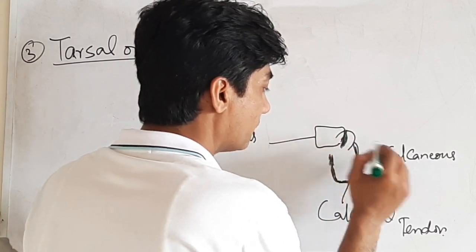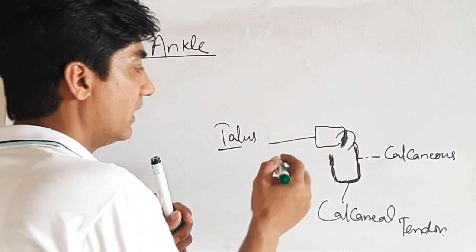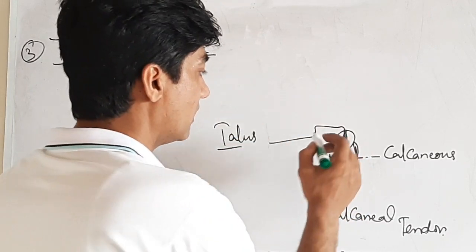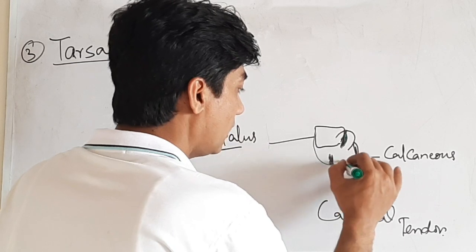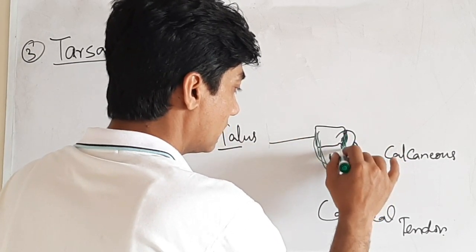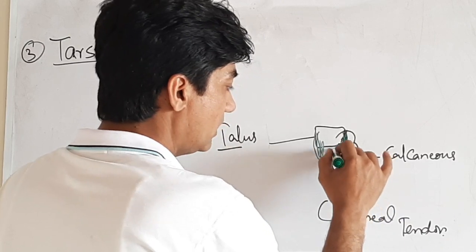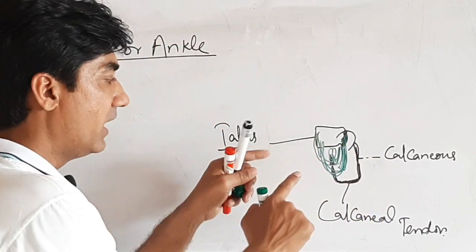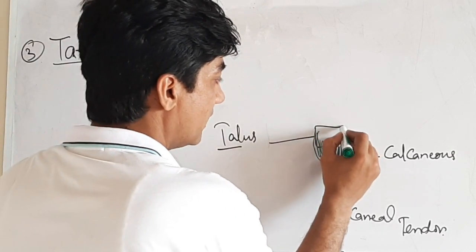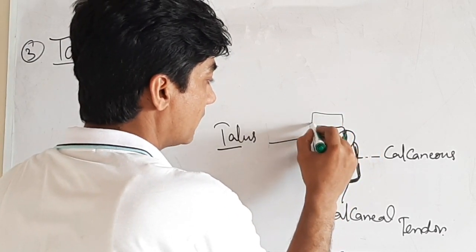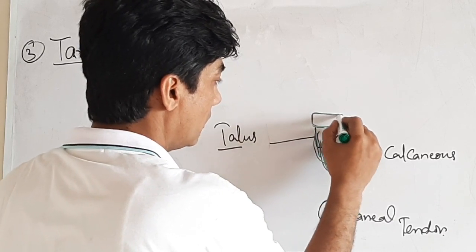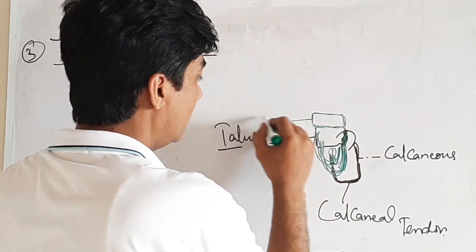Superior is attached with the tibia, the bone of the crural region, with the trochlear surface. Here is the trochlear surface of the talus bone. And the third articulation is with the navicular, the wide and short bone. This is the navicular.